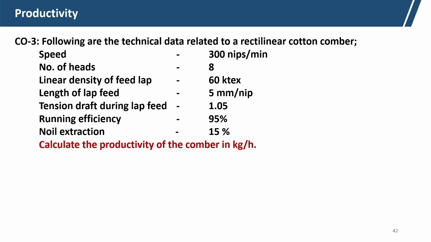Speed is 300 nips per minute, number of heads is 8, linear density of feed lap is 60 kilotex, length of lap fed is 5 millimeter per nip, that is feed length, tension draft during lap feed is 1.05, running efficiency is 95% and Noil extraction 15%. Calculate the productivity.